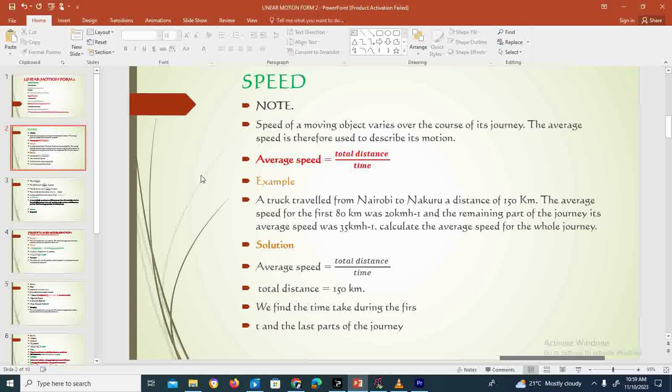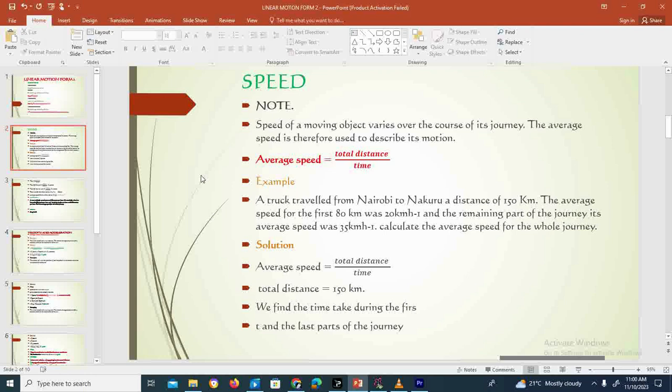But to get a uniform figure for the whole journey from Nairobi to Kisumu, we take the average speed, which is found by getting the total distance covered, that is the total distance from Nairobi to Kisumu, for example, divided by the total time taken to move from Nairobi to Kisumu. So in most cases we deal with average speed, not just speed within instantaneous sections of the journey.